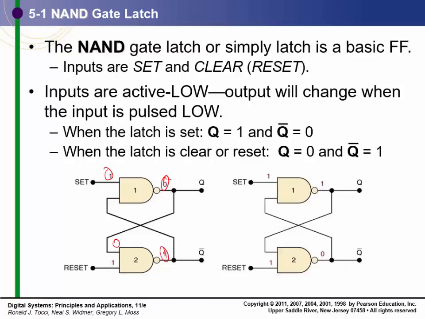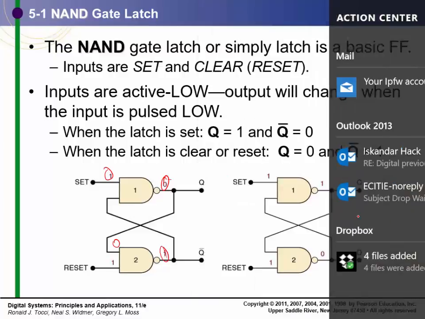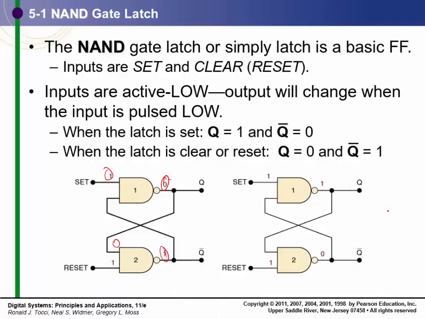If I put a 1 on both inputs, we get a different situation. We call the outputs Q and Q naught. These inputs are active low, so an output will change with a pulse. When the latch is set, Q is 1.